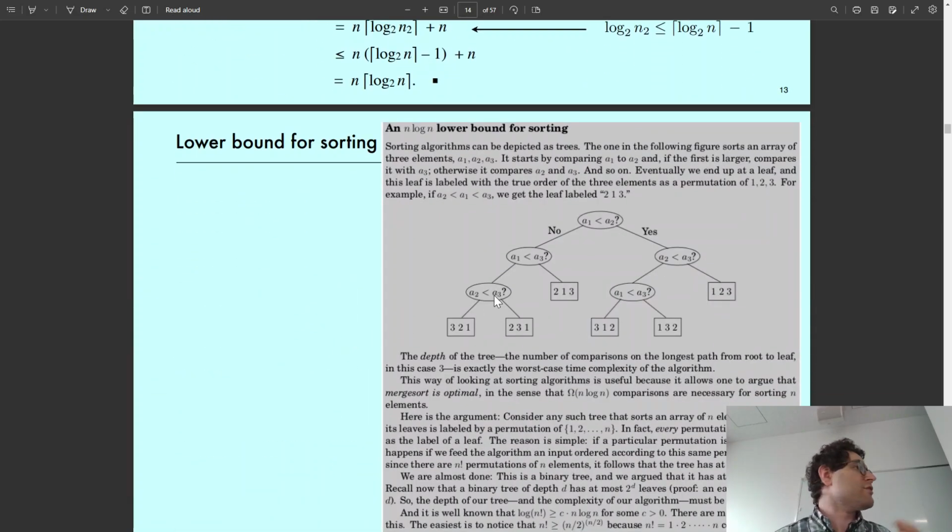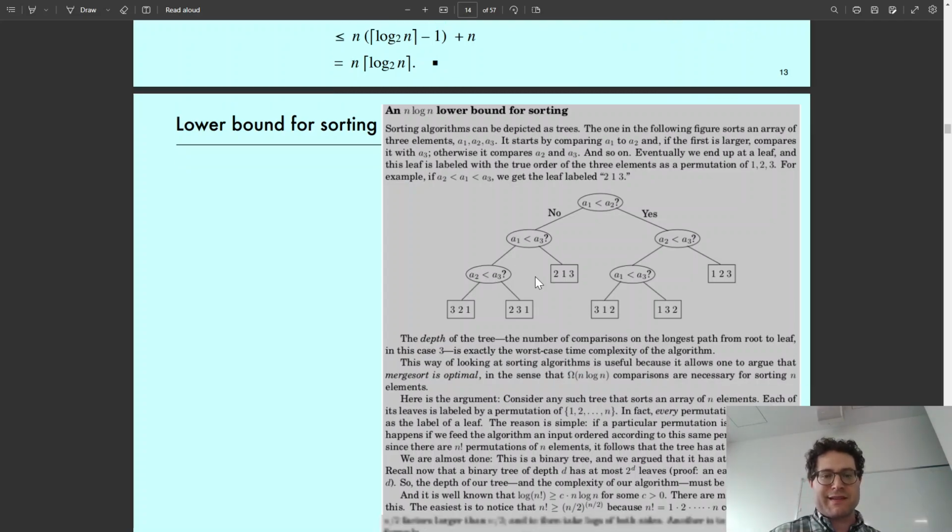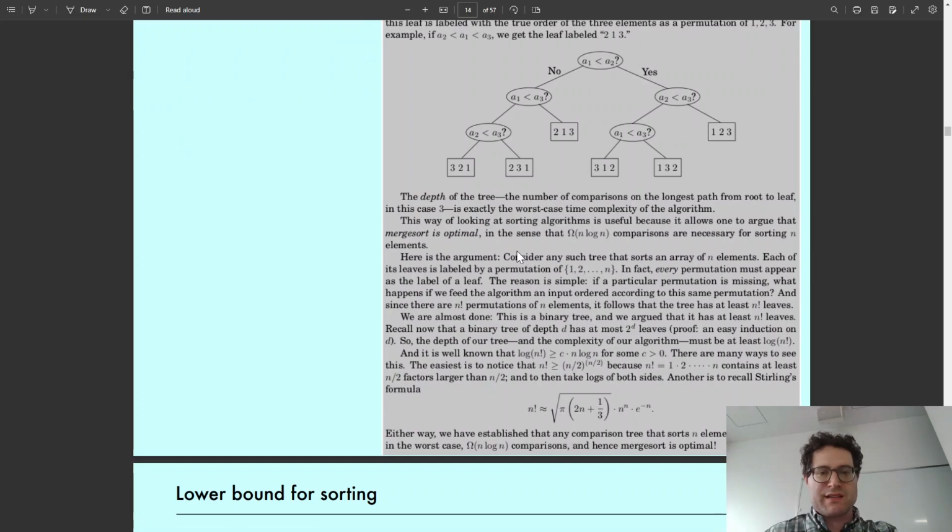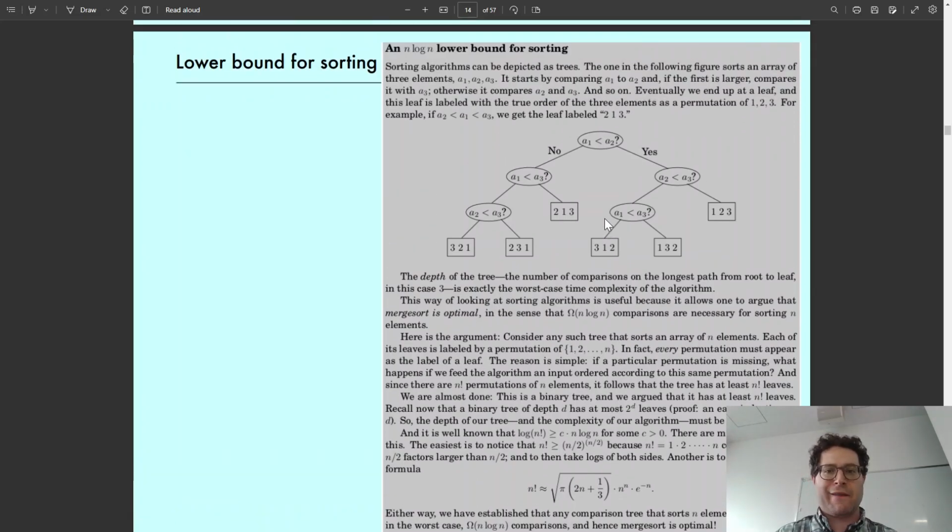Now, what's interesting is that your textbook does have these wonderful asides in gray over here. This is one of them, and it points out that merge sort helps us see that this is as optimal as it gets for sorting. That n log n is a lower bound for sorting.